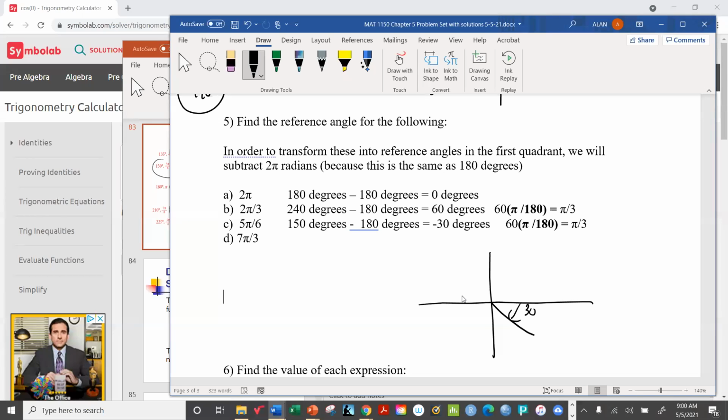This would be the equivalent of 330 minus 180. Well, that just brings us back to 150. That doesn't help either.